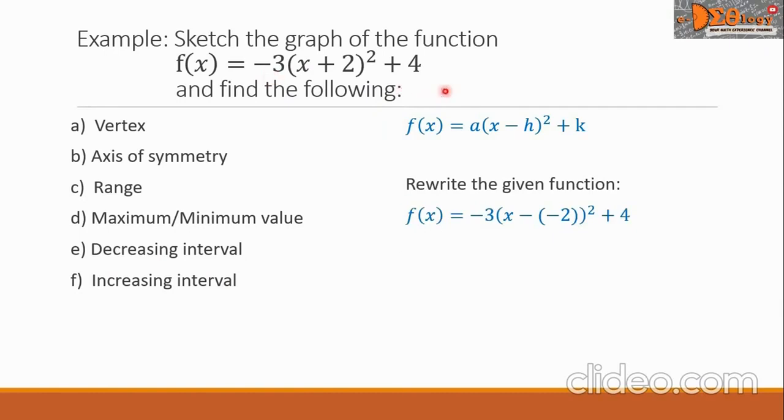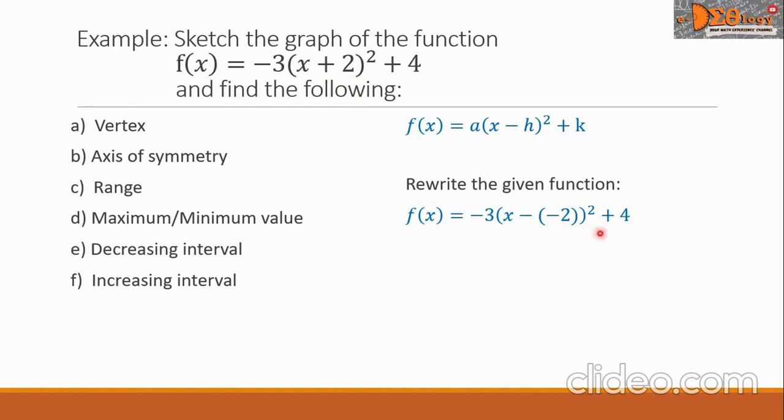We are going to copy exactly the same except in this plus 2. Since the standard form is written minus h, we are going to rewrite this plus 2 into negative of negative 2. And the rest of the function will be same.